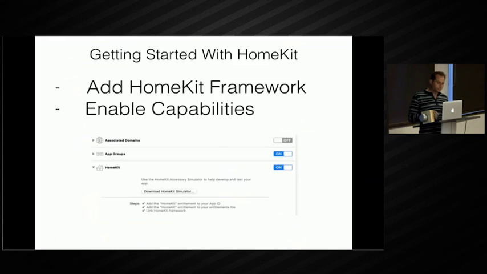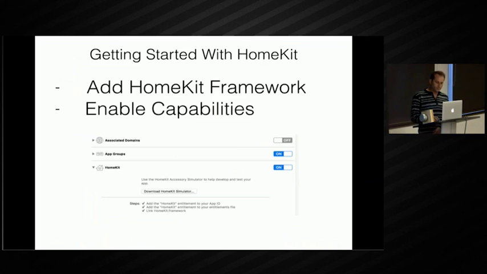It's available online. Okay, so now from the iOS developer perspective, how do you develop with HomeKit? I'll just start with Xcode. You just enable the HomeKit permissions, and there's a little button there to download the HomeKit simulator.